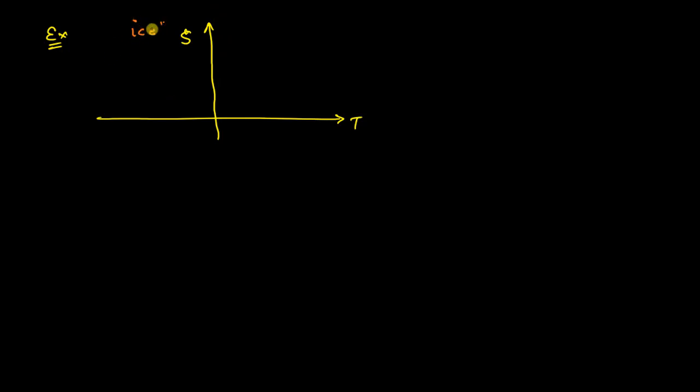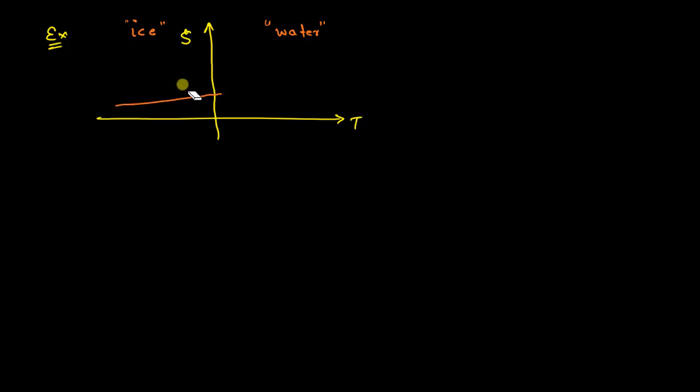I explained this example in the very first video, lecture number 32 or 33 I guess, where I talked about the step function and the signum function. This is ice and this is water, and a rough diagram should look like this.